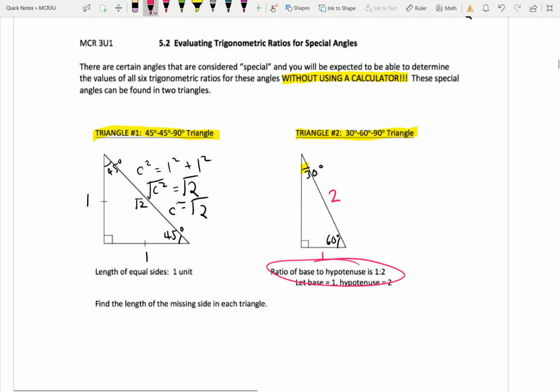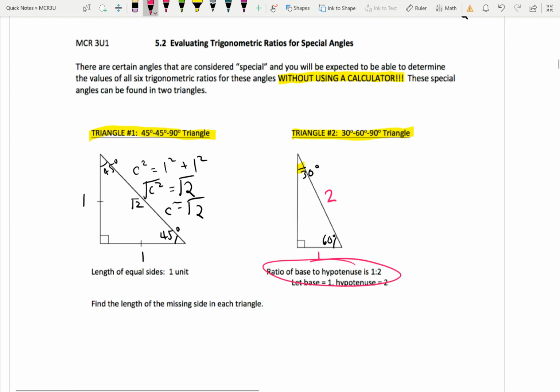With those dimensions, we can now figure out the third side using the Pythagorean theorem, but calculating the leg. So that's c squared equals a squared plus b squared. We're going to look for the leg, so my c is the 2, my a is the 1, and b is what I'm looking for.